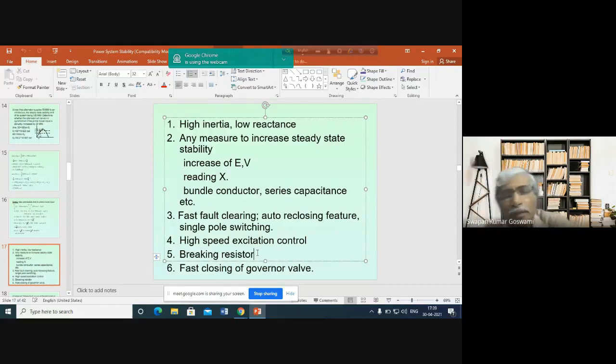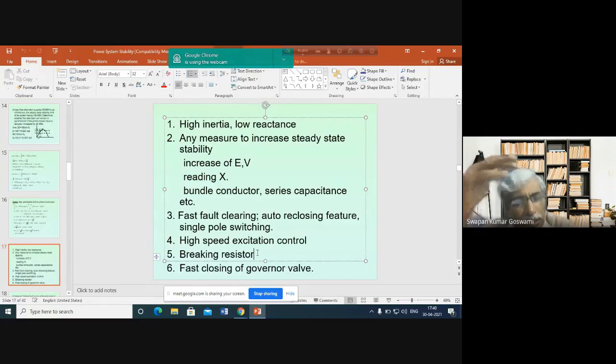So whenever the situation is such that a fault occurs in the power system, then because of the action of the circuit breaker, the faulty part will be disconnected. As a result, load will be disconnected from the generator. Generator cannot deliver power to the load, so the generator will accelerate. Now, the role of this braking resistor is that it is basically installed at the terminal of the generator.